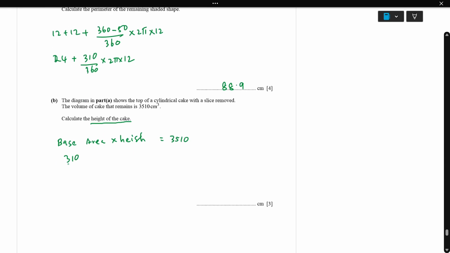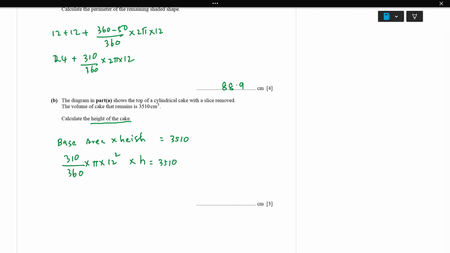So 310 divided by 360 times pi r squared, with radius 12, so 12 squared, times the height equals 3510. We need to find the height. So height equals 3510 times 360, because the right side becomes multiplication and the rest becomes division, over 310 times pi times 12 squared. When we calculate, the h is going to be 9.01. So 9.01 is the answer.